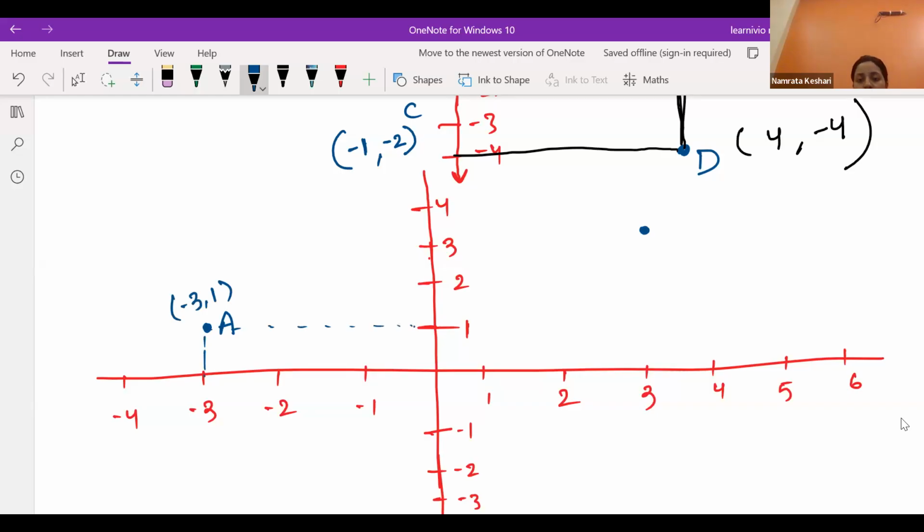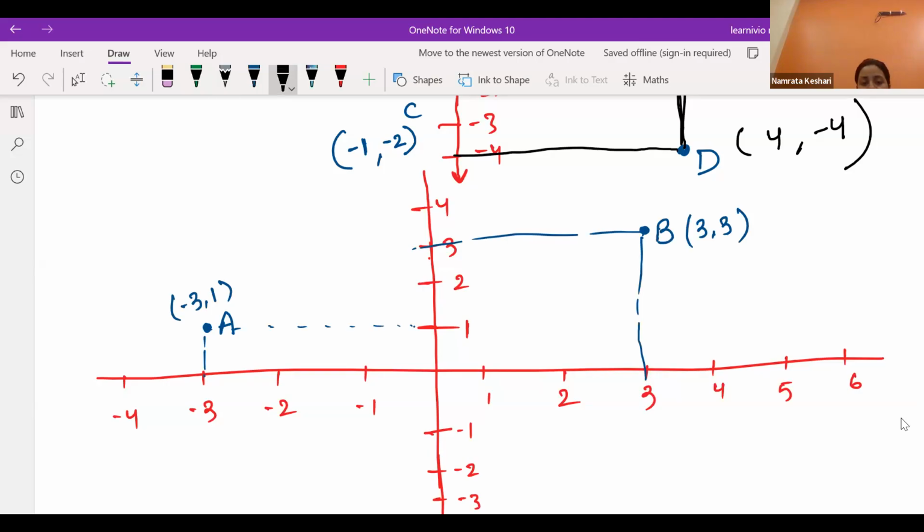What is the coordinate or the address of point B? 3, 3. Perfect. Afia, is it making sense? Yes, ma'am.